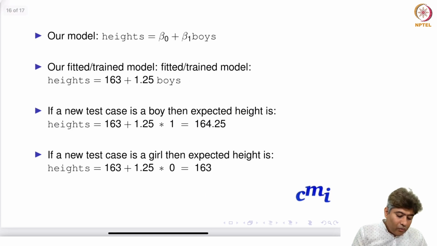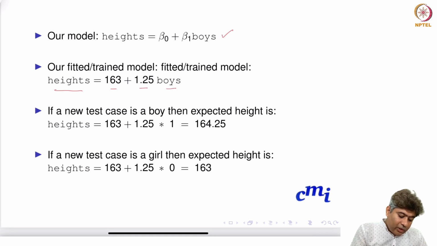Now our fitted trained model is height equals 163 plus 1.25 times boys.